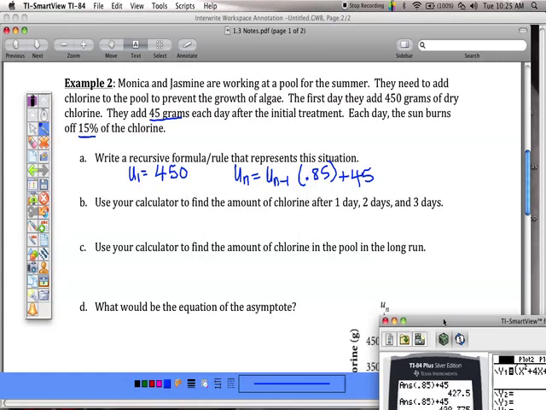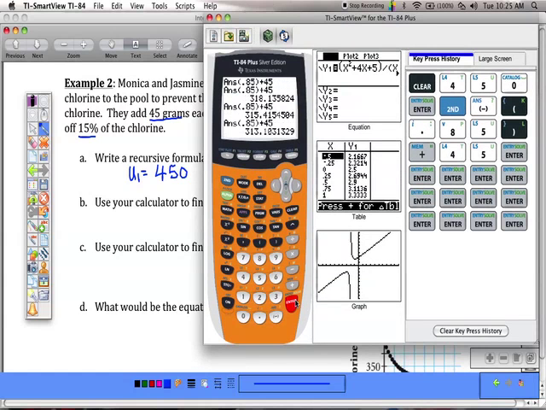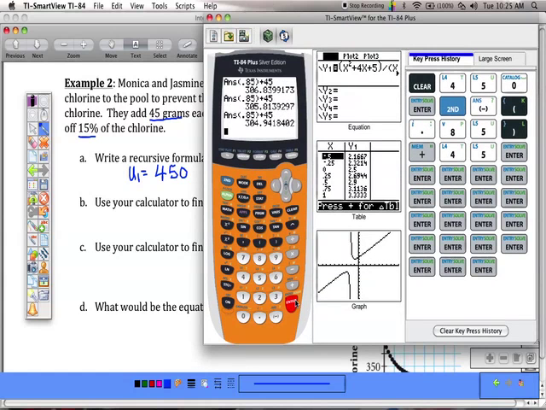All right, use your calculator to find the amount of chlorine in the long run. Okay, whenever you hear long run, you just hit enter. And let's see if this has a limit, just like the soup problem had a limit at 75 degrees. We'll keep pressing enter and see if there's a limit too for the chlorine in the pool.